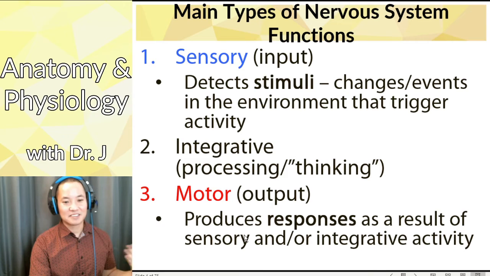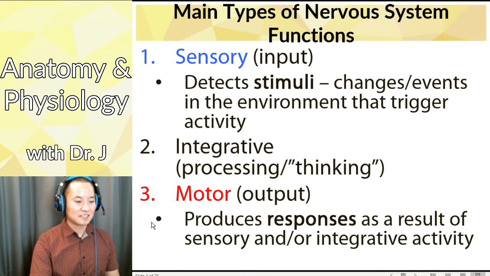Then you would do the movement and address that issue. So motor is a response to all this sensory input and this processing and thinking that makes sense of it. This is what you actually do in response to all the senses, both internal and external, and all the thoughts, conscious and subconscious, that you have about that input.